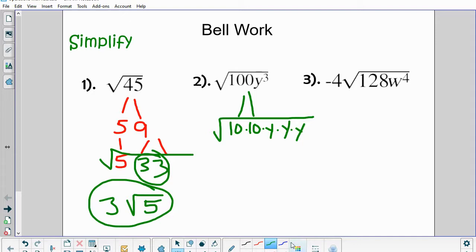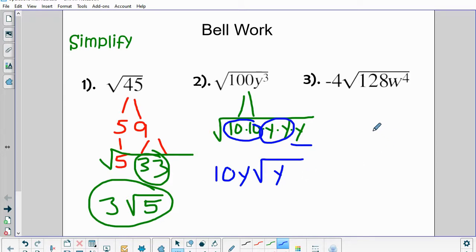So what I'm trying to point out is I could break this 10 and this 10 down into 2 times 5 and 2 times 5, but I can already see I have a pair here, which if I bring one of them out, will take care of this square root. So I can bring a 10 out of the radical, and I can bring one of these y's out of the radical, and that leaves me with just one little y left inside the radical. So now that one is simplified.